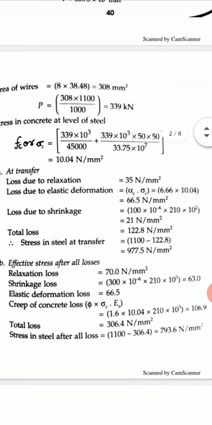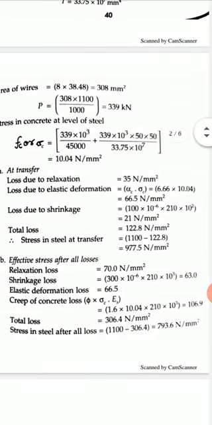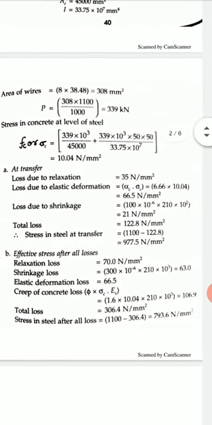So remember, loss of shrinkage is shrinkage value which is given as 100, or if it is given in terms of percentage, you need to convert, 100 into 10 raised to minus 6 multiplied by elasticity of steel. So we get it as 21. Therefore adding all the three, that is 35 plus 66.5 plus 21, we get the total loss as 122.8 Newton per mm square.